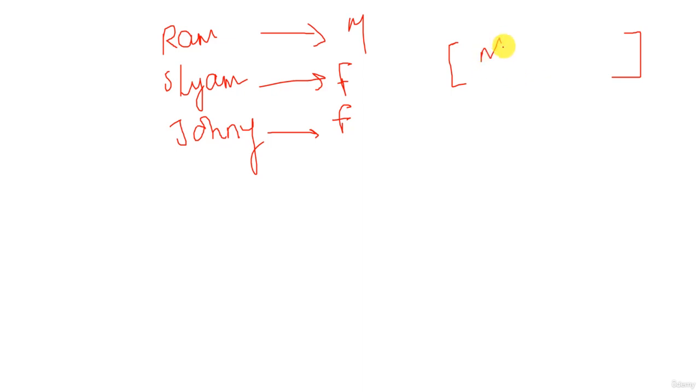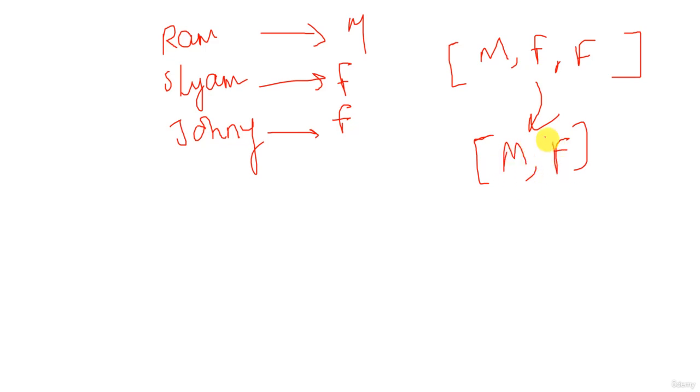So first one is male, second female, and third one is also female. Now take out the unique instances from this list. So male is unique, I type male once. There are 2 females, so I'll just have 1 female here. Only the unique instances. Repetition is not allowed here.